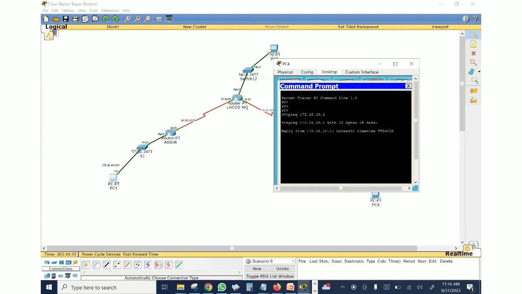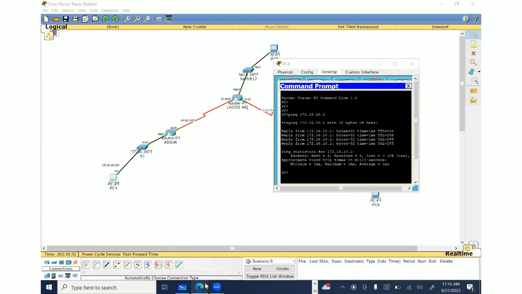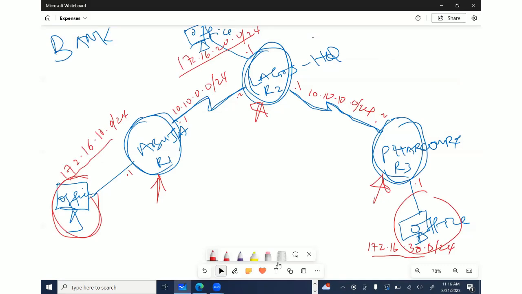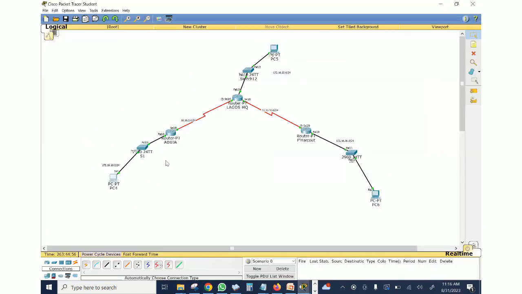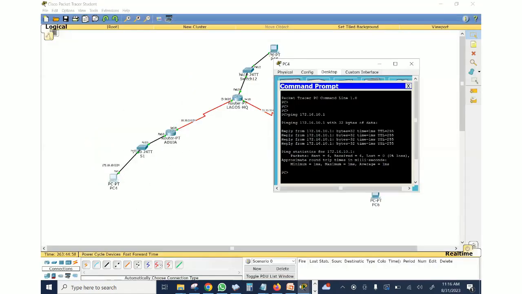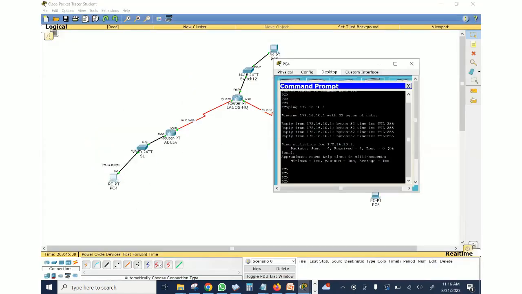172.16.10.1. Okay, it can reach the default gateway, which is this place. Let's see if it can reach 10.10.0.1, this place. Okay, yeah, .1. Let's ping 10.10.0.1.